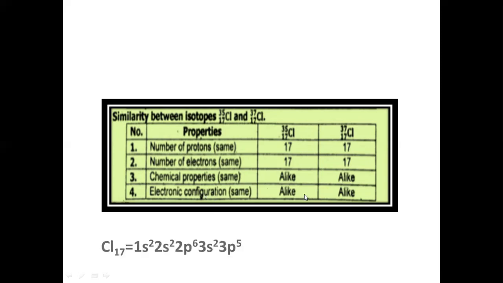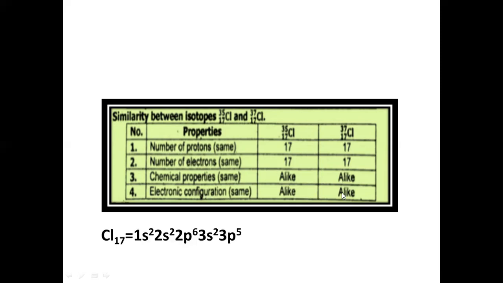Electronic configuration is the same because they have the same atomic number. Same atomic number means the same number of electrons. So for both isotopes, the electronic configuration will be 1s2, 2s2, 2p6, 3s2, and 3p5. In the third shell, 3s and 3p, 5 plus 2, 7 electrons are present in the outermost shell.